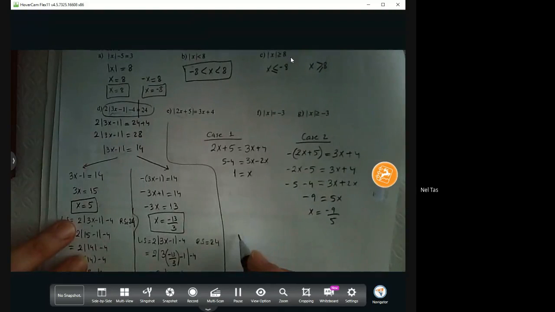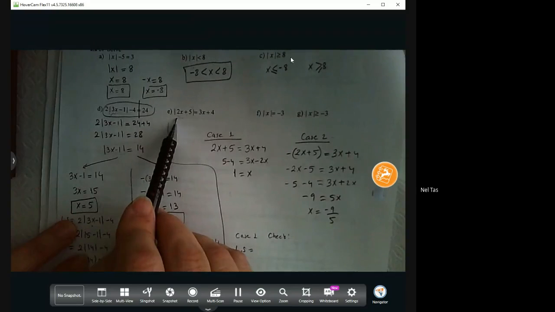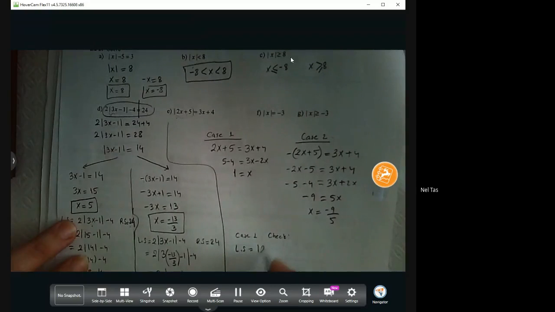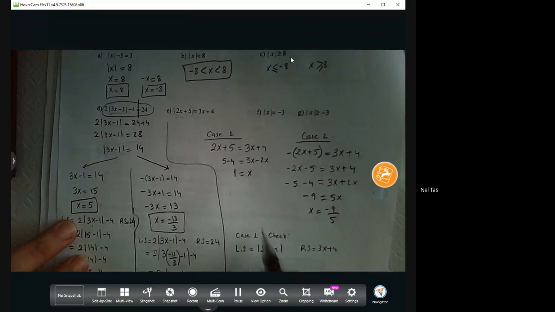So now we check. So let's check case 1. Case 1 check. Left side, again, I go to the original question. The left side is absolute value of 2x plus 5. And right side is 3x plus 4. So let's do it for case 1. So x equals 1.